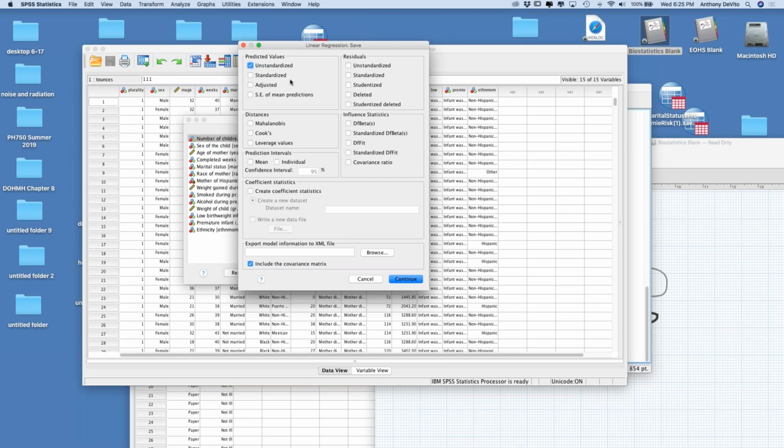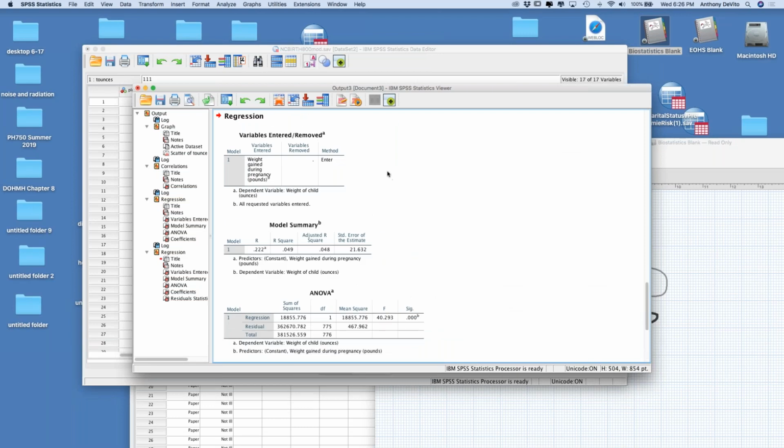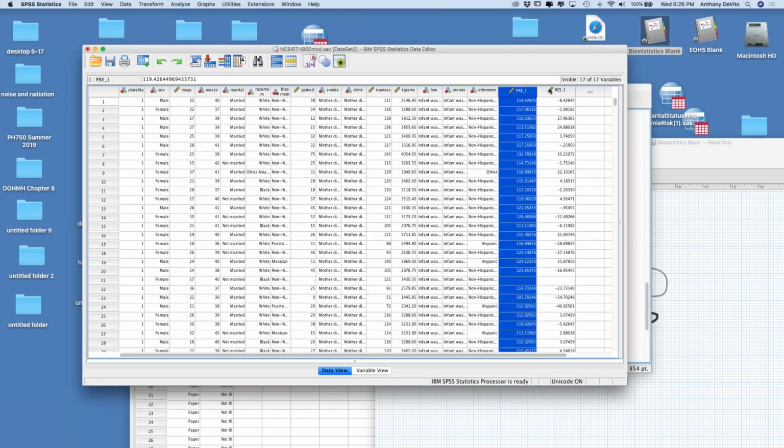In other words, calculate based on this information what you think the weight of the infant would be, and then do the math and subtract the real weight, and tell me what the residual is, what the difference is. So I'm going to click OK, and then click OK. And by magic, when I come back here, I have two new columns, the predicted value and the residual value.